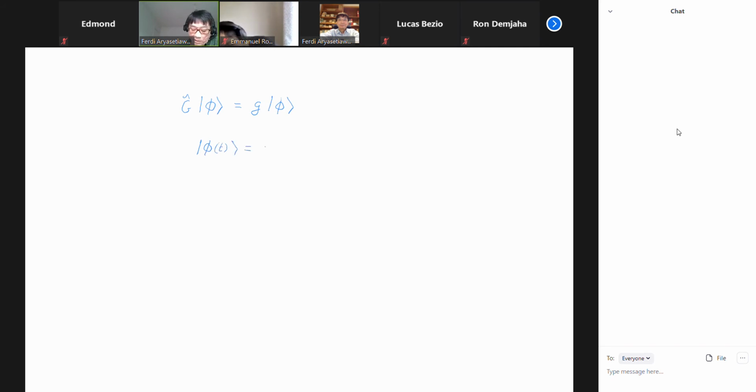So now we just apply our time development operator. Let's say we start at time t0, make it simple. So if we then apply the generator to this state, well, G and H commute, so I can just slide it over.